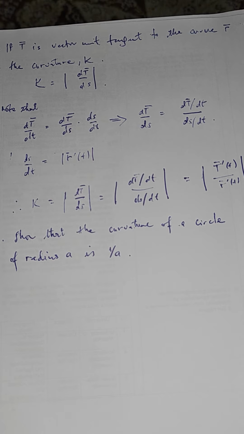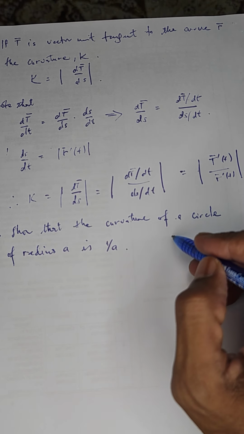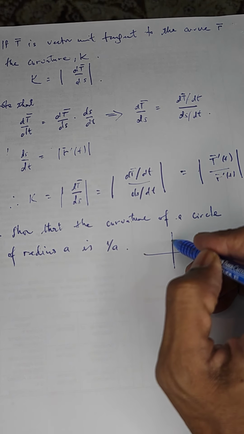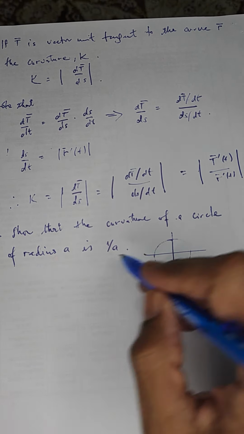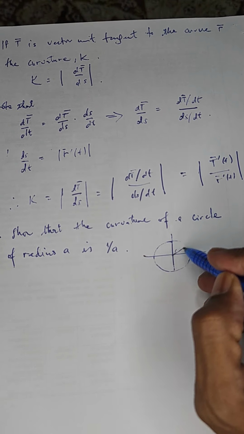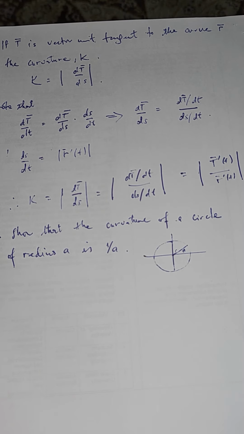Okay, for a circle, what are your x and y? For a circle, let's say radius a. Yeah, radius a. So this is your circle with radius a.